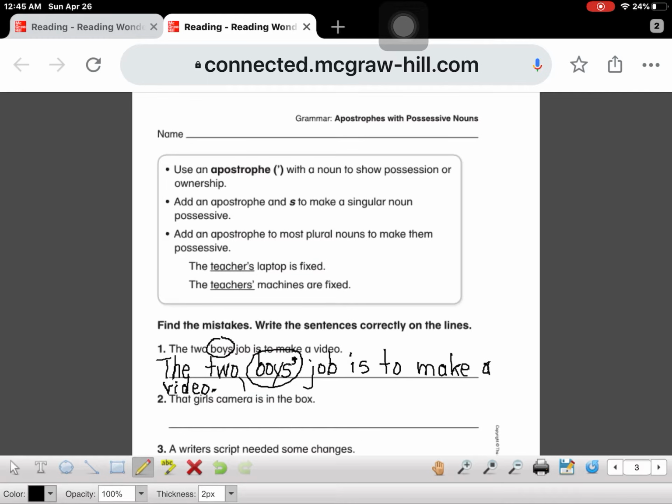So that girl's camera is in the box. So you are going to add an apostrophe and to this right here. Let me kind of circle it. Okay, so we're going to write the sentence. Uppercase T in the word that.